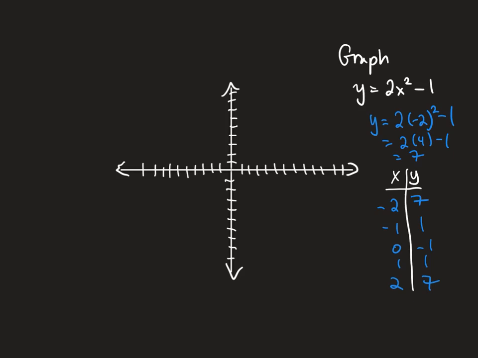So again, I'll let you go ahead and plug those x values in. Again, you're just plugging them in for x and seeing what the y value is. So then if I plug that, I get -2, 7, which is somewhere there, 0, -1, -1, 1, and 2, 7. So here is how you'll get kind of a parabolic shape.